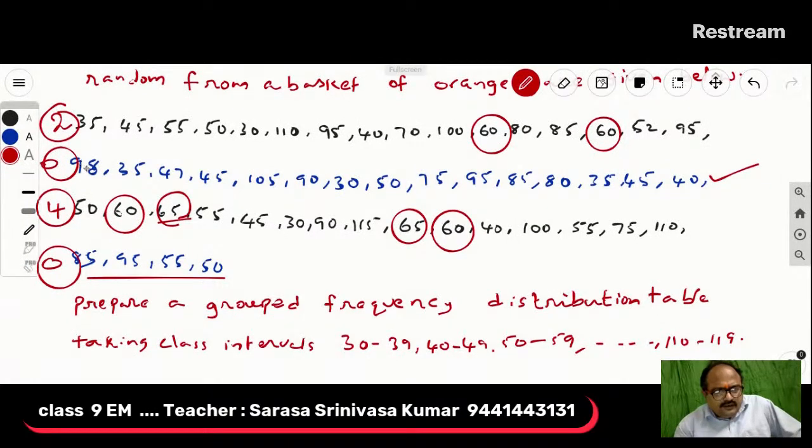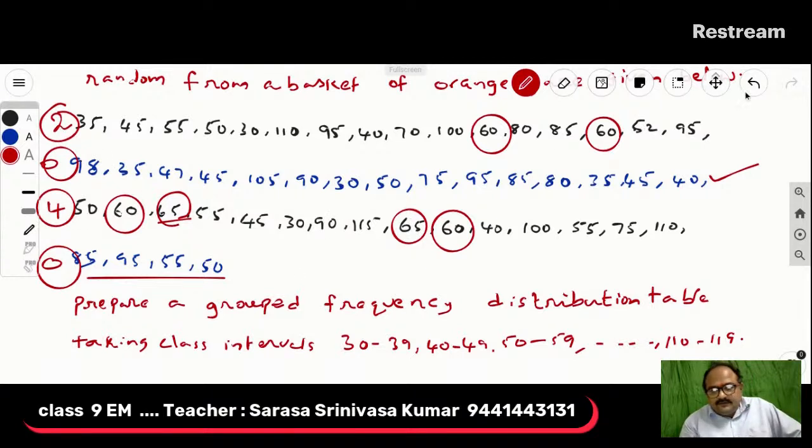So how many oranges are there in this class interval? Students can answer the questions in the chat box. There is a chat box in YouTube. How many oranges are there in this class interval 60 to 69? 2 plus 4, 6.